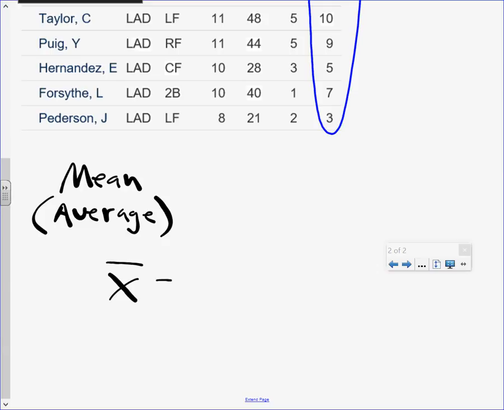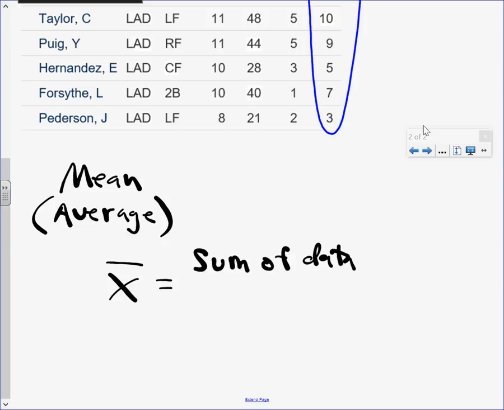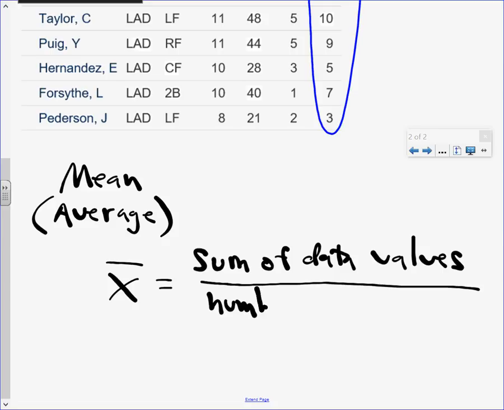It's always equal to, write this down, the sum of data values, that's the numerator, divided by the number of data values. I'll bet a lot of cash that a lot of you have seen this formula before.